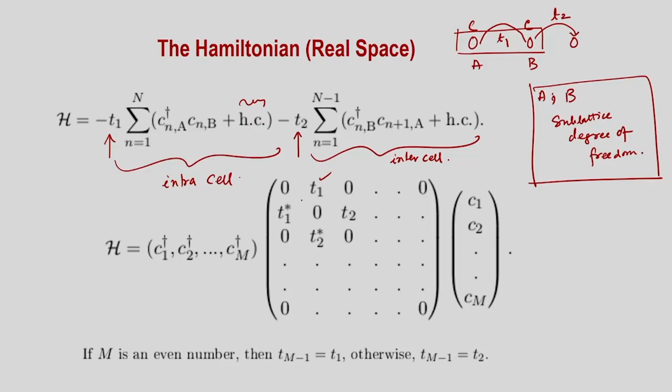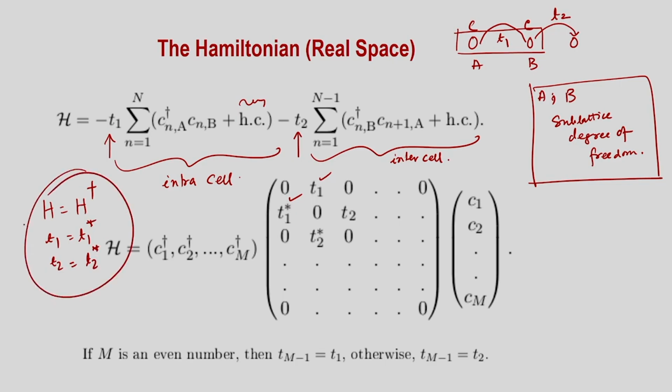So, there is a T1 and a T1 star for the Hamiltonian, which means that H equals H dagger, T1 equals T1 star and T2 equals T2 star, which means these conjugates are the same. All right.